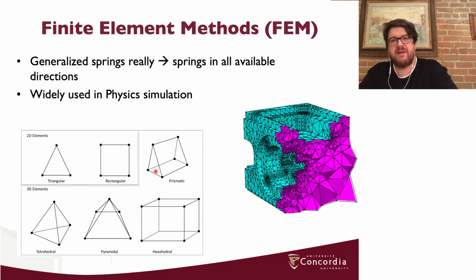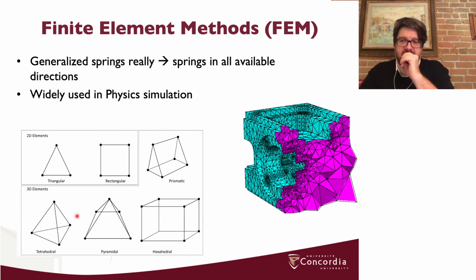So the finite element method, which is the alternative to the spring system, is actually much more used in physics simulation, but it's pretty complicated because essentially these elements, 2D elements or 3D elements, are multidimensional springs. In one dimension, it's pretty straightforward. It's k times the distance, the offset, right?